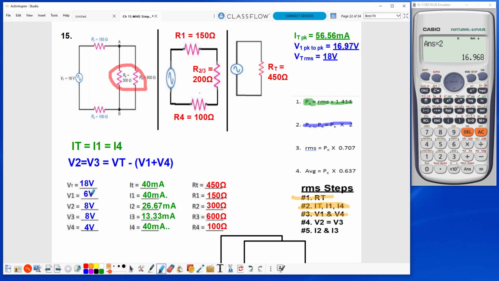Then I just took the V1 and the V4 values, subtracted them from the VT value, and that gave me the value of both V2 and V3, which were the same because they're in parallel. After I had those values, I was able to solve using Ohm's law for I2 and I3. After these steps were completed, I applied the appropriate formula here to find these values.